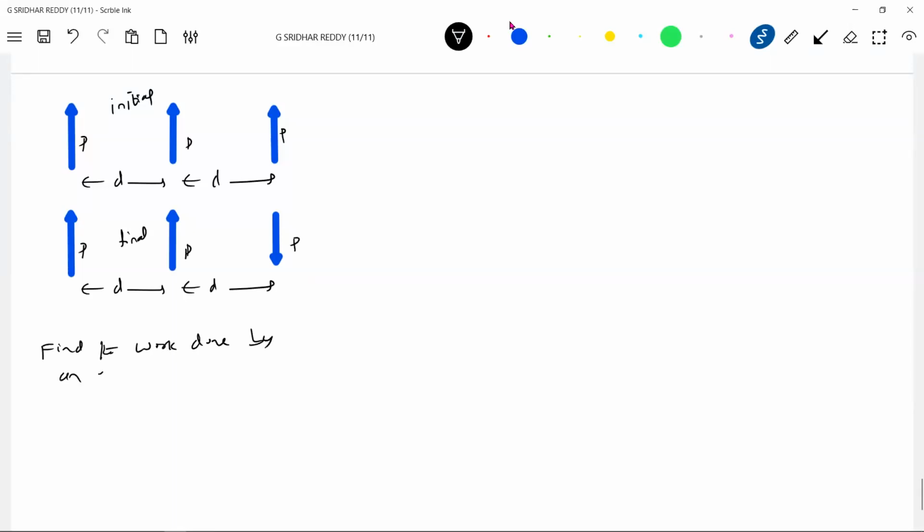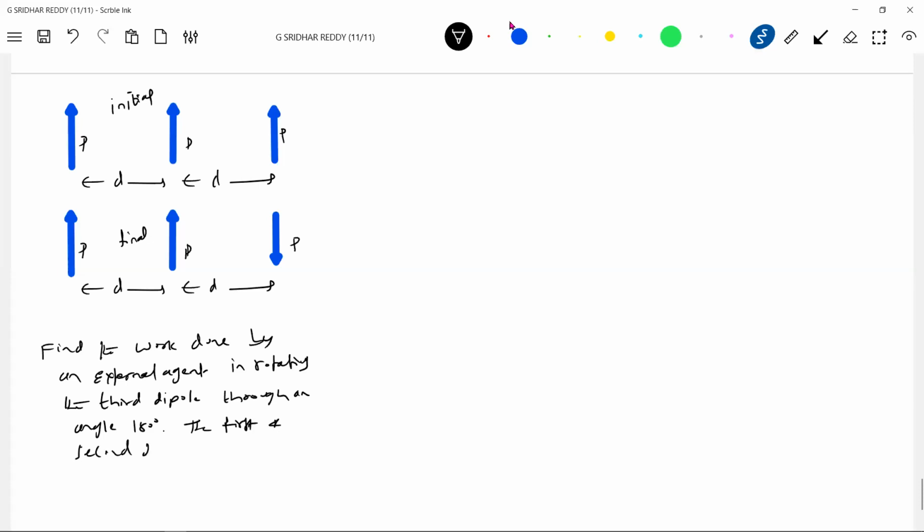Find the work done by an external agent in rotating the third dipole through an angle of 180 degrees, the first and second dipoles are fixed. Okay, work done by the external agent.